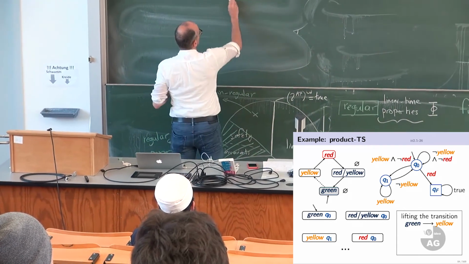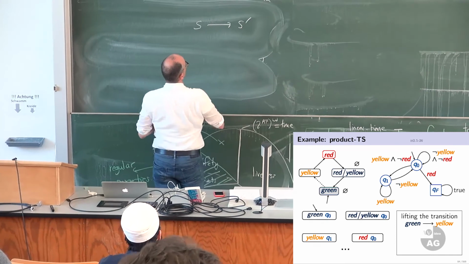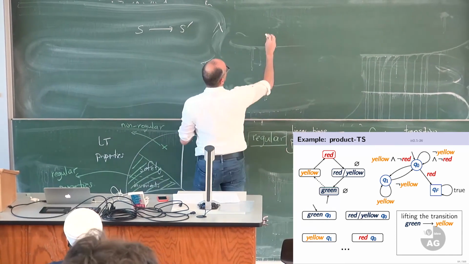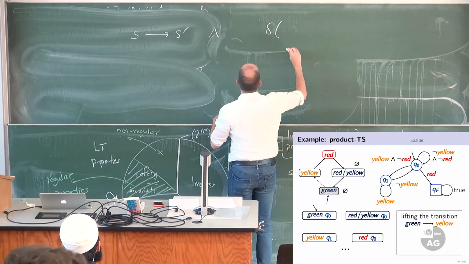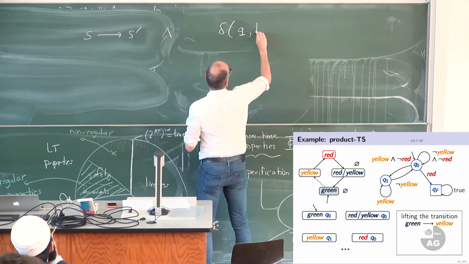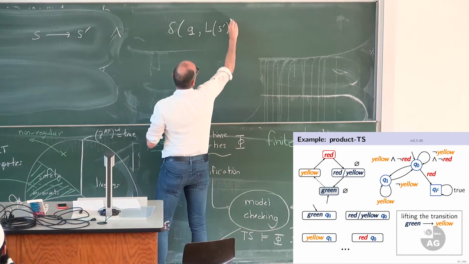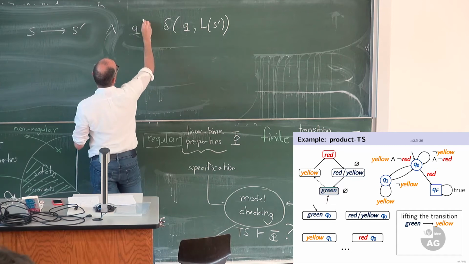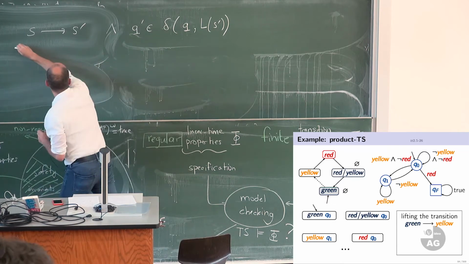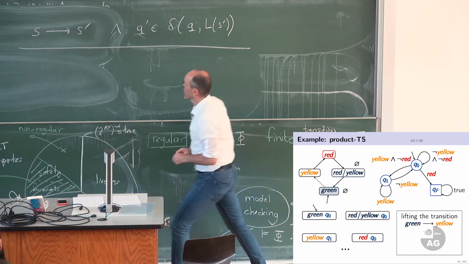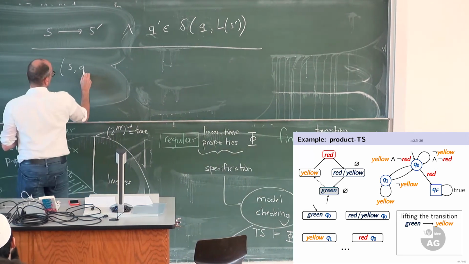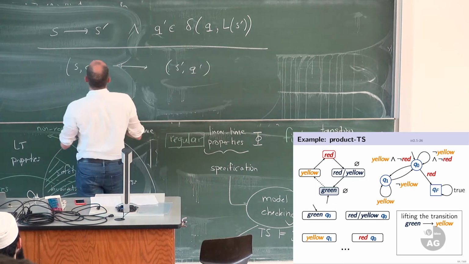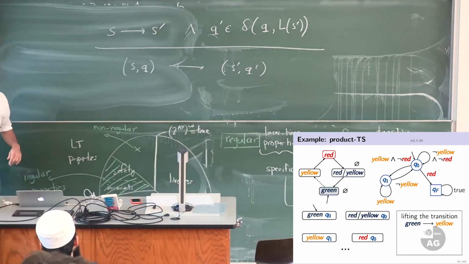If S can move to S prime by means of some action, but the actions are not relevant here, and if we know that you are in some state Q, and we take the label of S prime, then let's say we take Q prime, if that's included here, then I can take a transition from S Q to the pair S prime Q prime. Yeah, that's the rule.